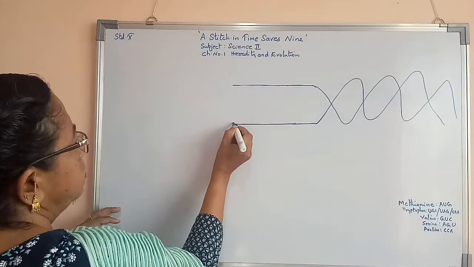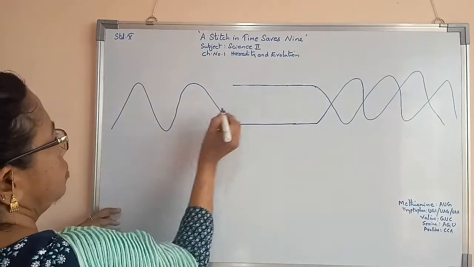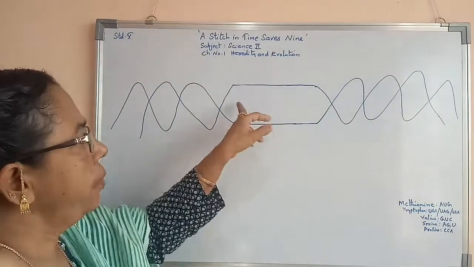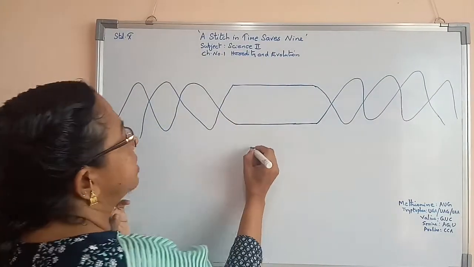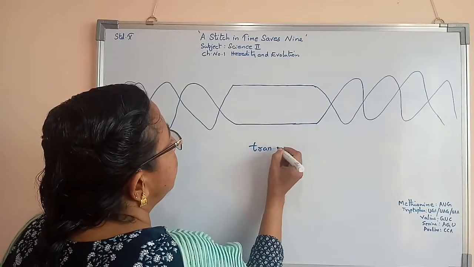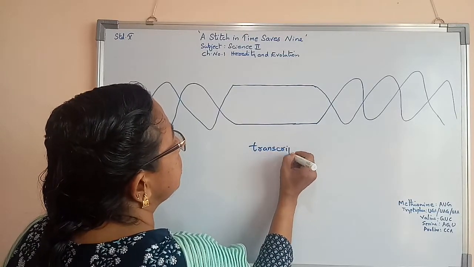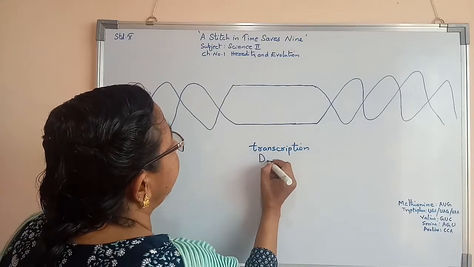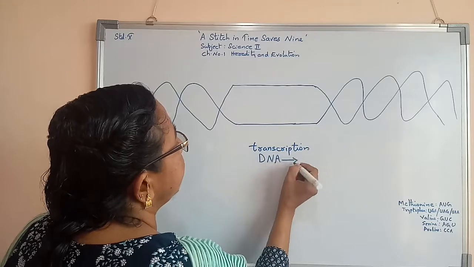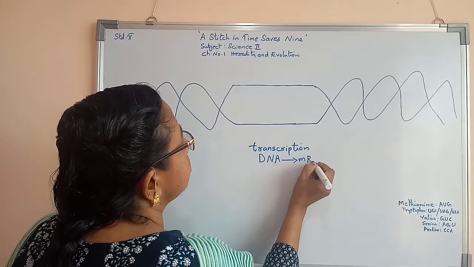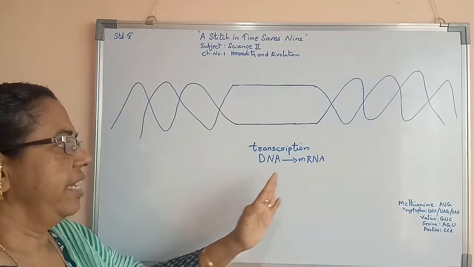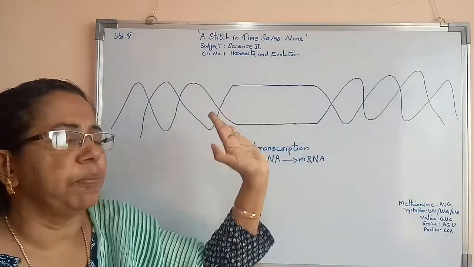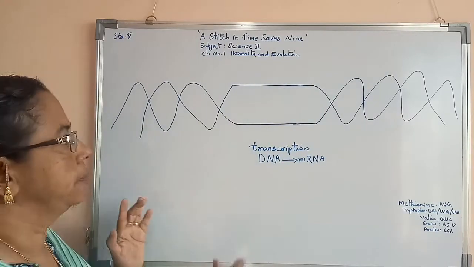Similarly here. Now here only the process of transcription is happening. Transcription means formation of mRNA from DNA. mRNA is the full form of messenger RNA. This process is taking place inside the nucleus.